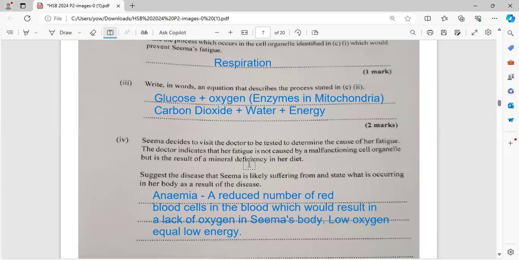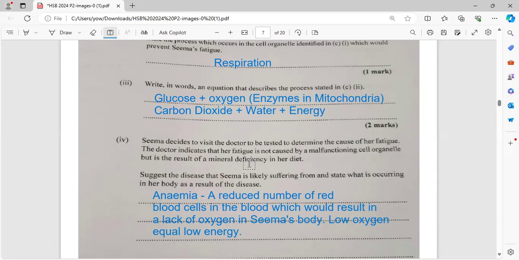And anemia is a reduced number of red blood cells in the blood, which will result in lack of oxygen in Seema's body. And we know that low oxygen equals low energy. Because remember, sickle cell anemia is when, well, we don't have to go into that, right? But it's when the red blood cells aren't biconcave anymore, so they can't carry that much oxygen.